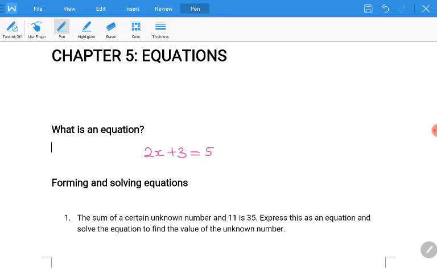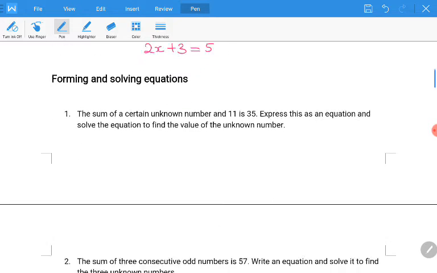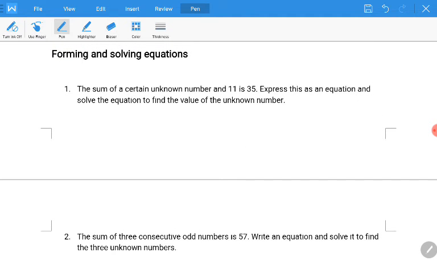But for you to get a better understanding of equations, we need to look at how equations are formulated. So let's look at question number 1 on forming and solving equations. Question 1 reads, the sum of a certain unknown number and 11 is 35.